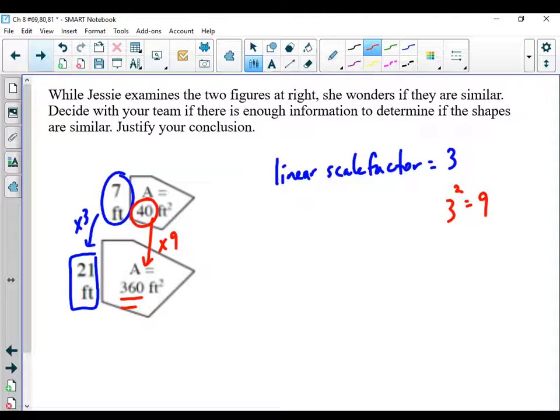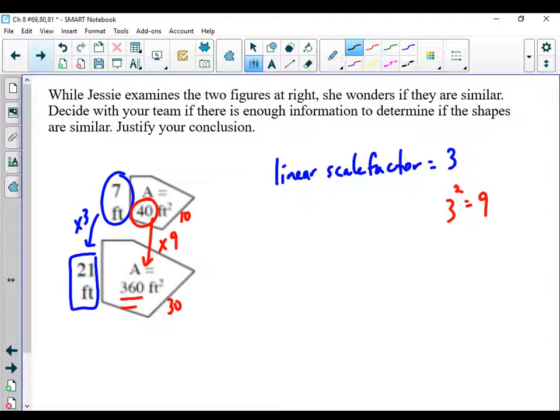To get from 7 to 21, I multiplied by 3, but is that happening for each of those sides? Without some other information, I can't make that conclusion. If they had given me some other information, maybe that this is 10 and this is 30, then maybe I could make the conclusion if I knew about some other sides. But we need a little bit more information on that one.